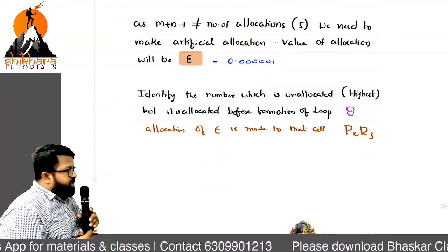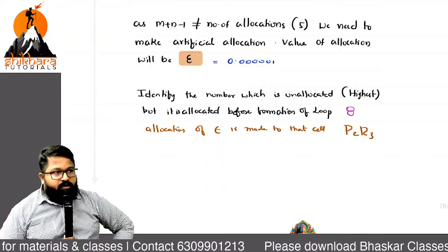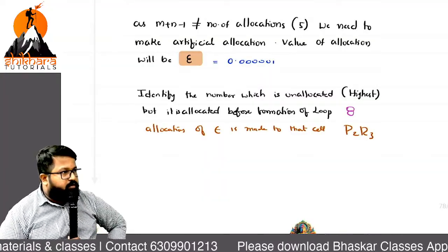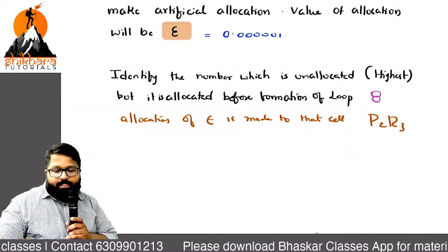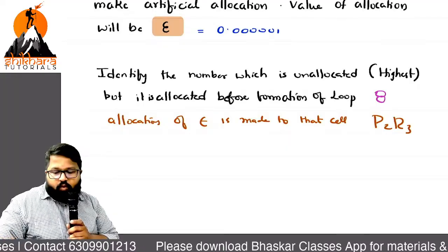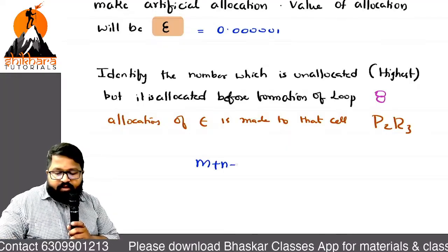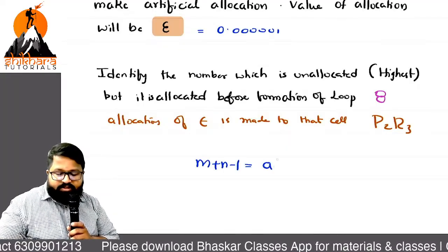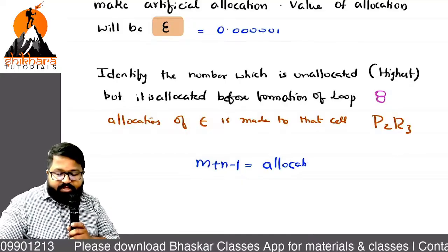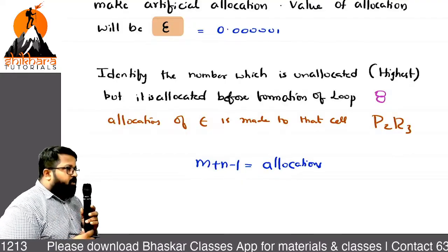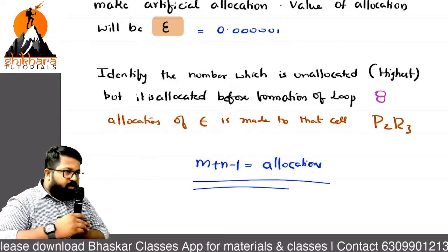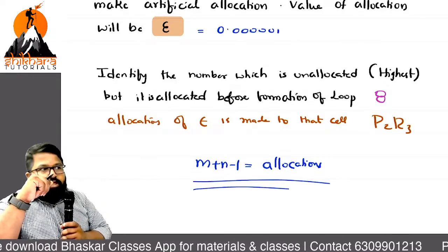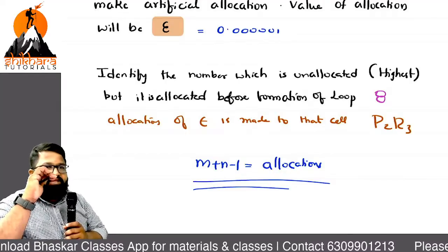Till here if it is done. Okay. Now how many allocations in total? Is the condition satisfied now? m plus n minus 1 is equal to the number of allocations. We made it satisfy. So once this is done, you need to go with the delta ij once more.